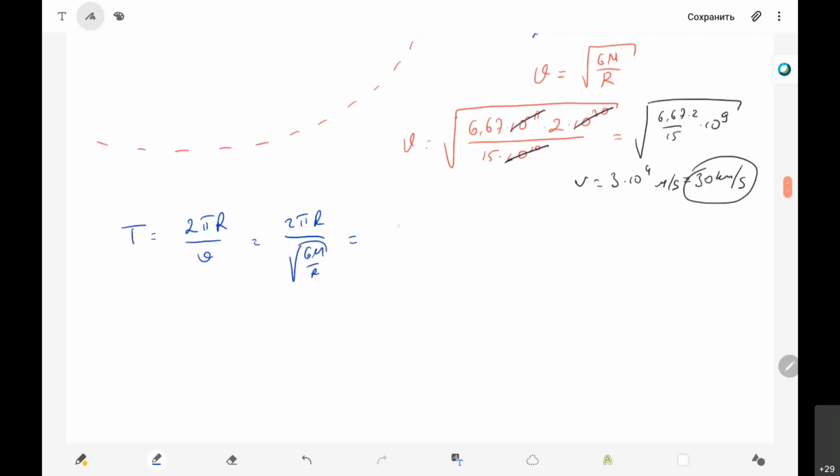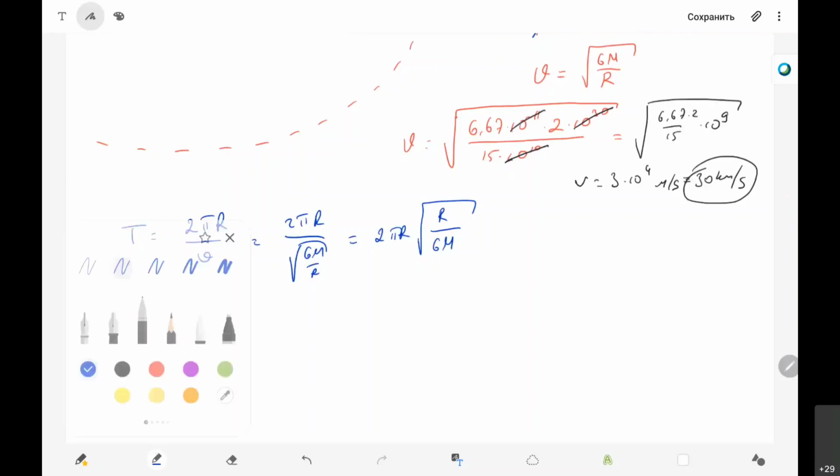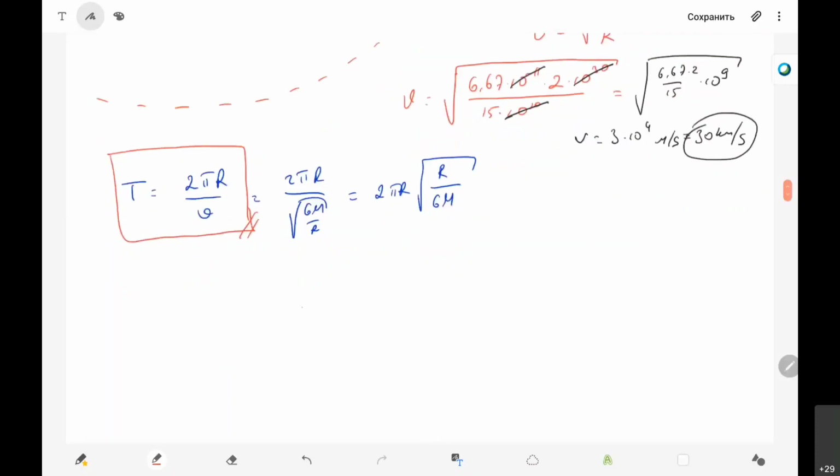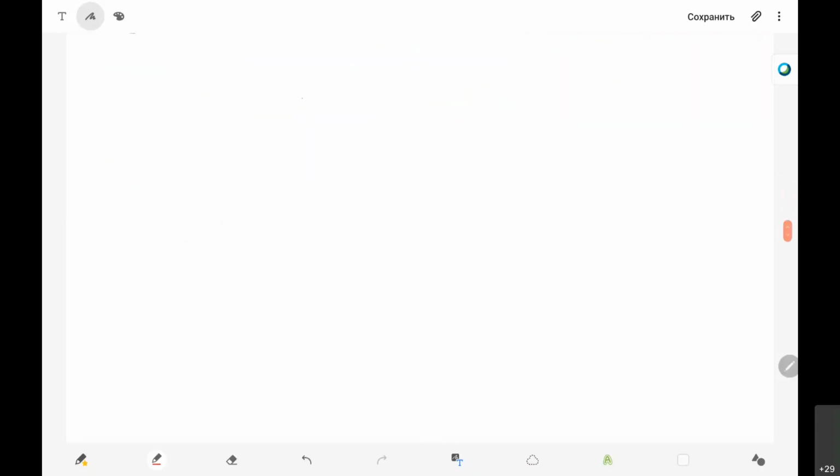So from here we have this kind of equation. We can find any planet's period by using this equation. And again, this equation is not new. You know it from circular motion. So in this way, you can solve universal gravitation problems.